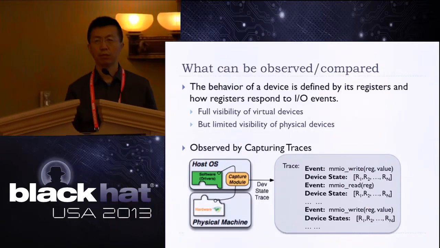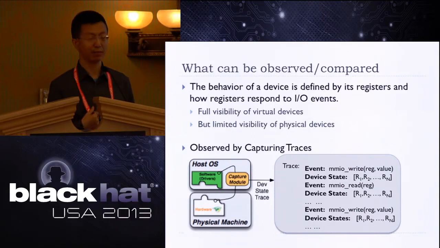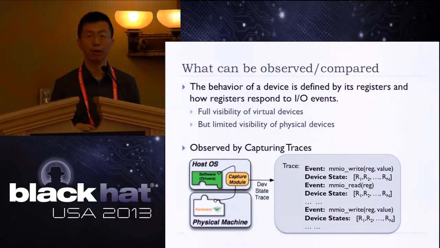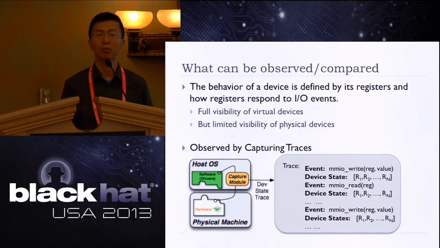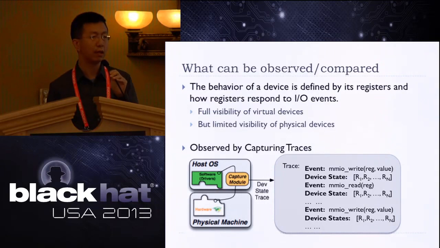So now we have at least this brief information telling you that we can find something. How can we find this? By comparing two devices. How can you really compare a virtual one versus a physical device, or even two physical devices? First, we need to say what defines the behavior of a device.